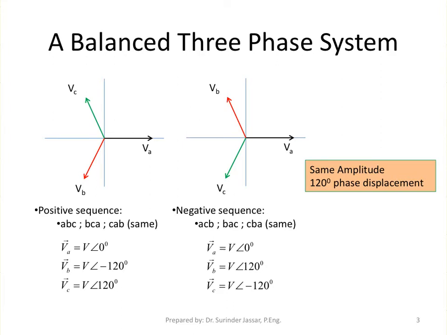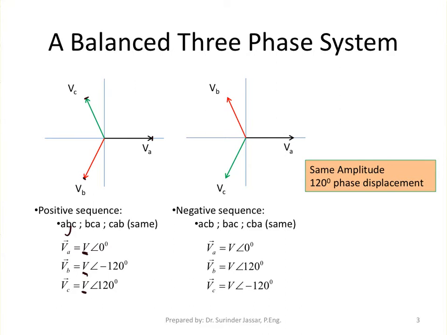On this phasor diagram, the length of the arrows of these three phasors is the same. In other words, when you express them in polar form, the amplitude of the voltage for phase A, phase B, and phase C is the same for all three phases, which is V volts.